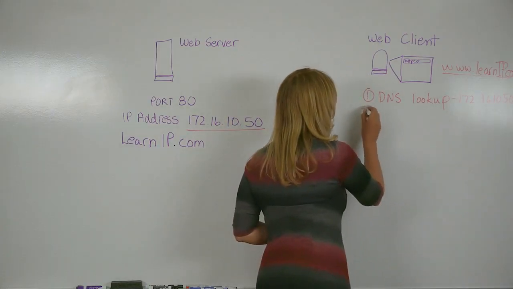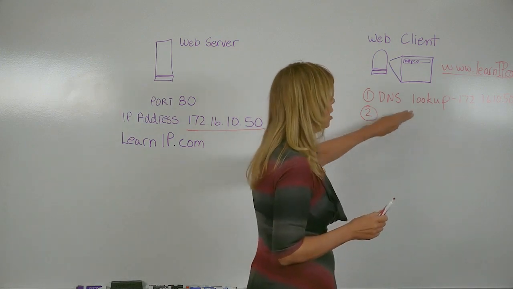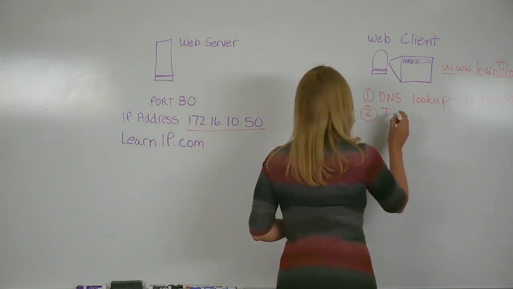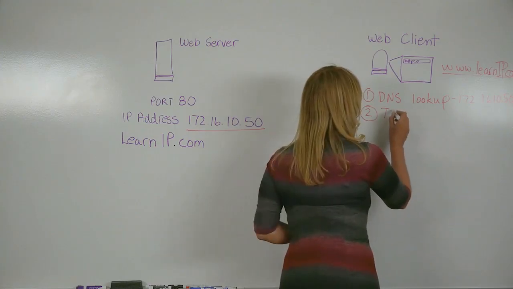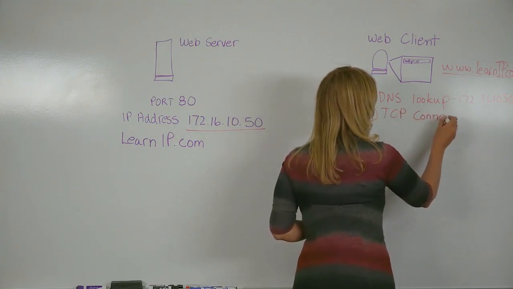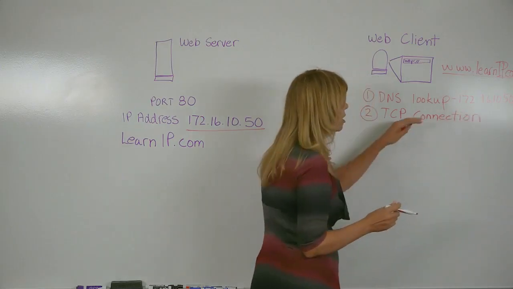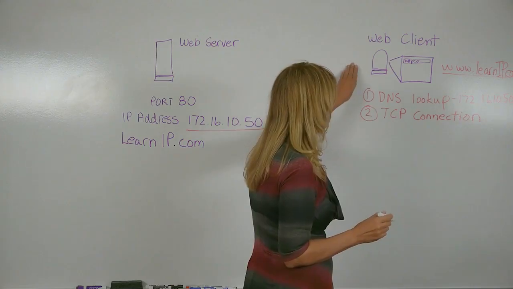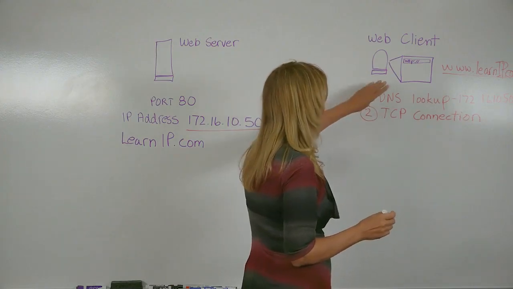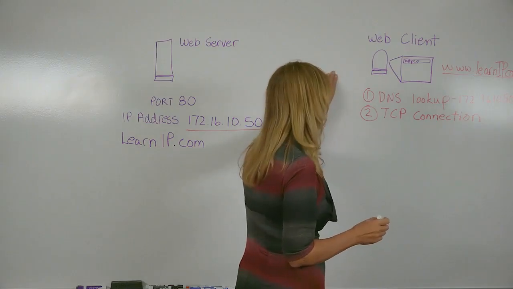So the second thing that has to happen is there has to be a TCP connection created between the web server and the web client. The TCP connection is going to use the IP address of the web client and the TCP port number assigned to the web client.